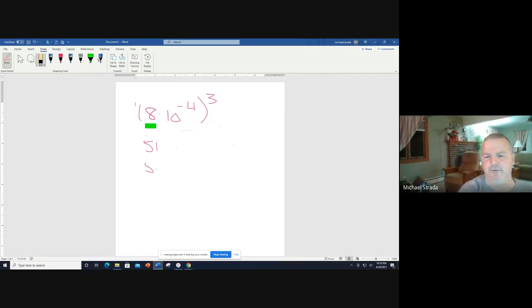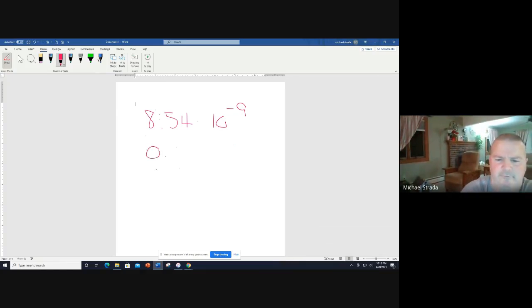One other tidbit, just so you know, when you're writing numbers in scientific notation, if you're writing small numbers, so let's say we got 8.54 times 10 to the negative 9. If you start with a lead 0, and a lead 0 would be a 0 to the left of your decimal point, the number of zeros is the same as the absolute value of my exponent.